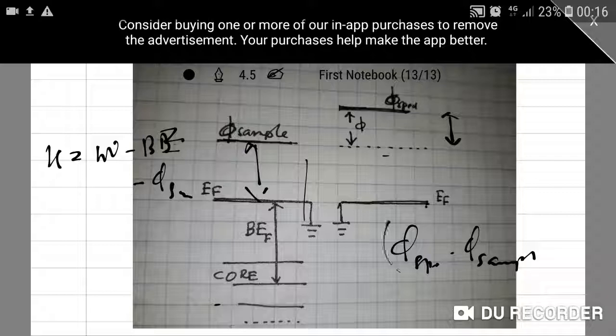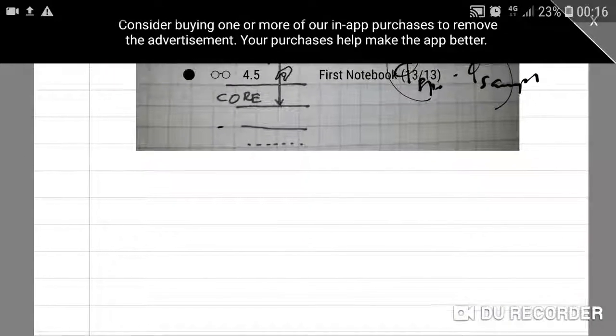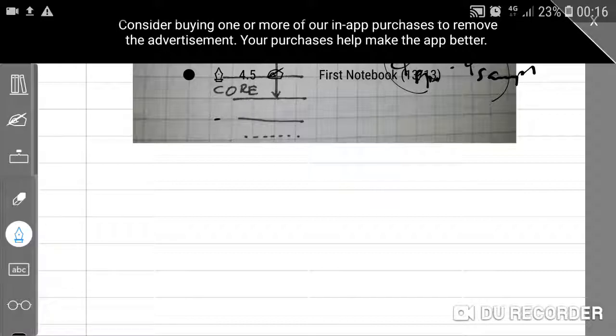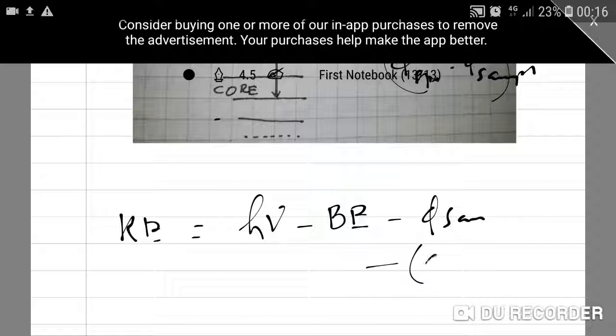So this error must be subtracted from the measured value, and finally we get the kinetic energy is equal to h nu minus binding energy minus phi of sample minus the difference, spectrometer minus sample.